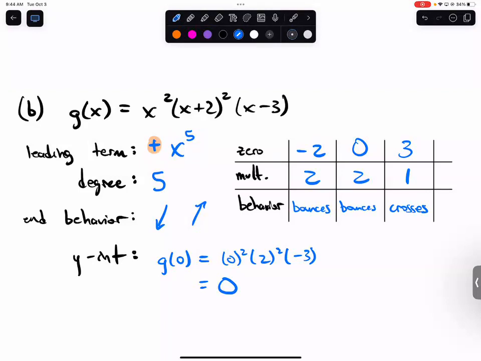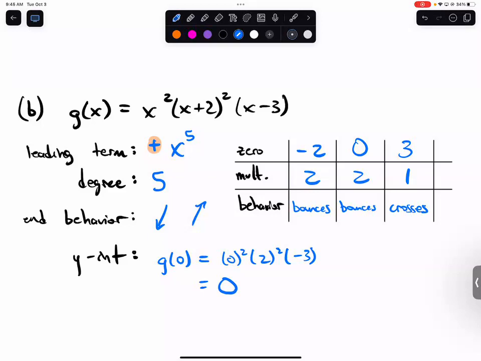It does this wiggle, flatten out thing. That's what will happen if you had x plus 2 cubed somewhere in the middle of the function. You have a multiplicity 3 intercept, and it's just going to flatten out there in addition to whatever else happens. If you zoomed in on that point, it's going to look like that.